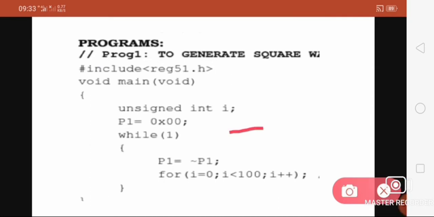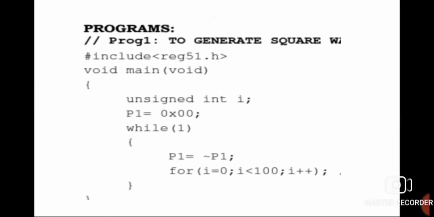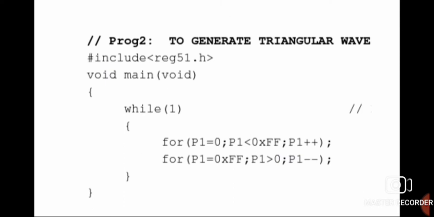Now in the while loop, when we invert all the bits, the value generated is 1, like this. Again it becomes 0, again 1. In this way the square waveform is generated at port 1. Now let us move towards the next program.